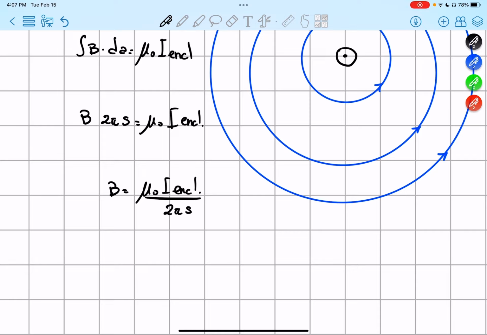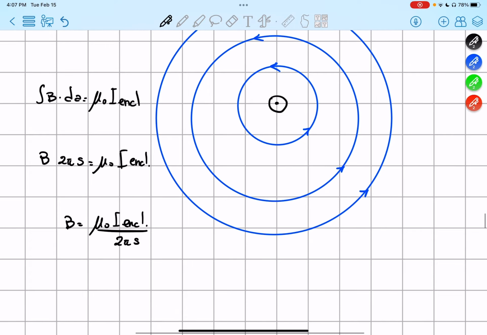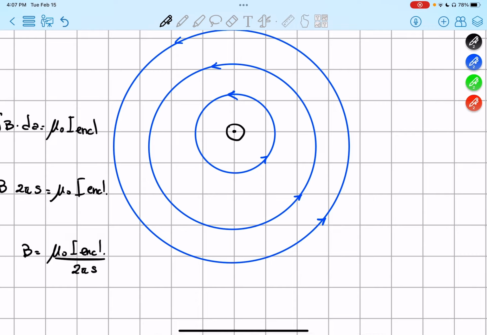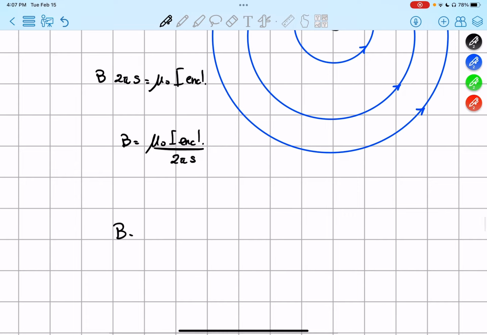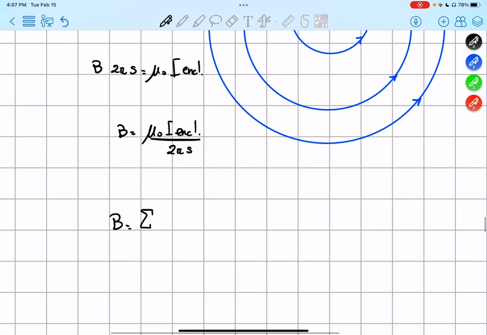Now instead, if we want to find the field all around the circle, it is like saying we have 1 point here, 1 point here, 1 point here, and we're putting them all together. We would have something like this, the sum of all the field, going to infinity pretty much.